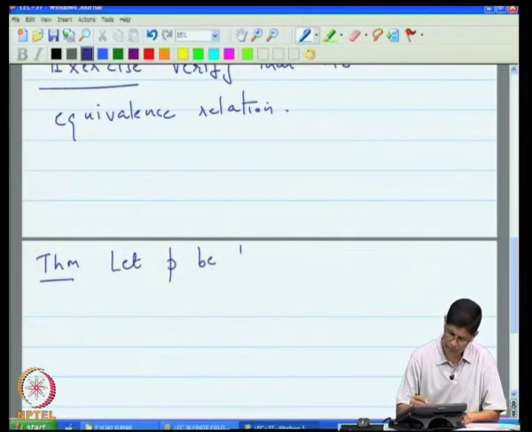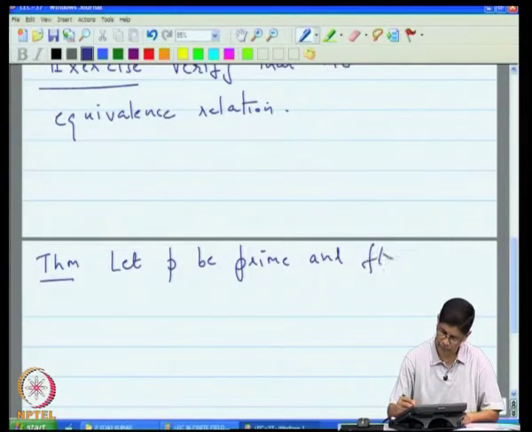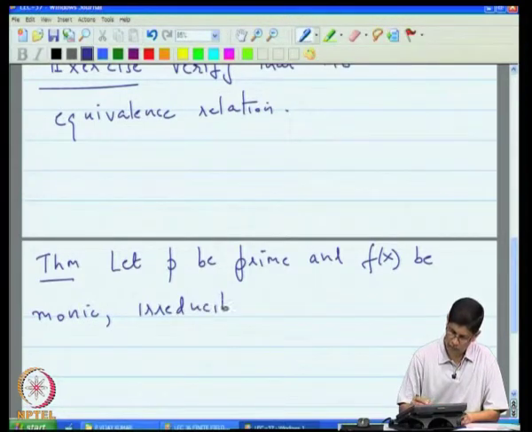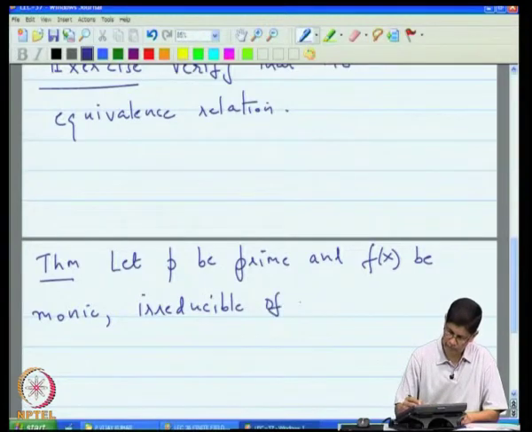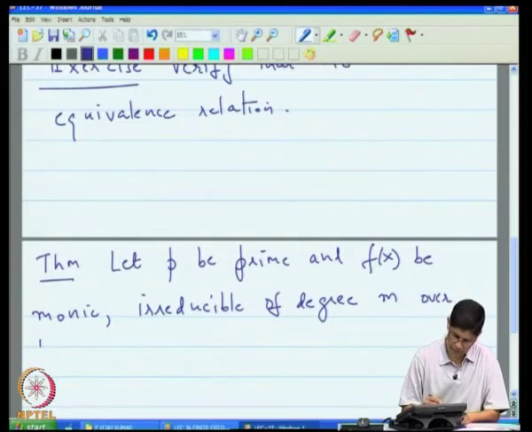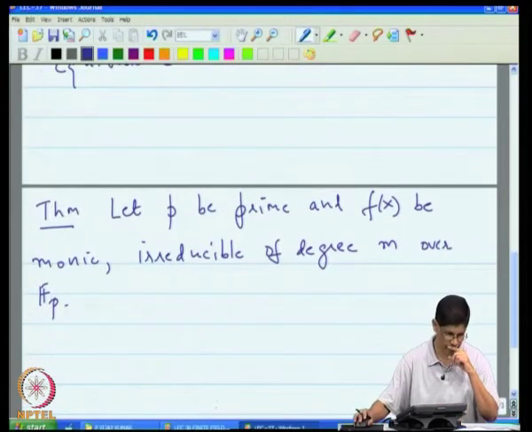Let p be prime and f of x be monic irreducible of degree m over F_p.